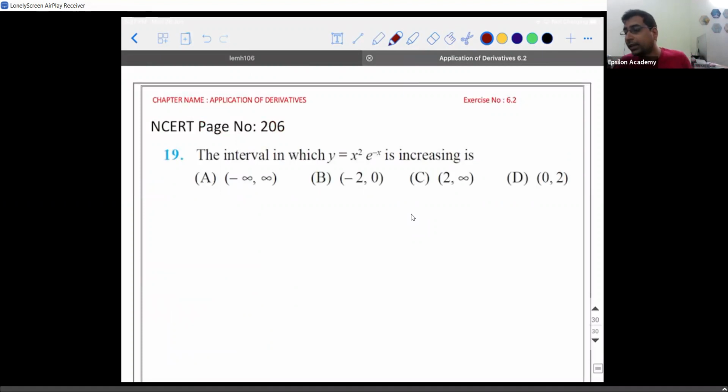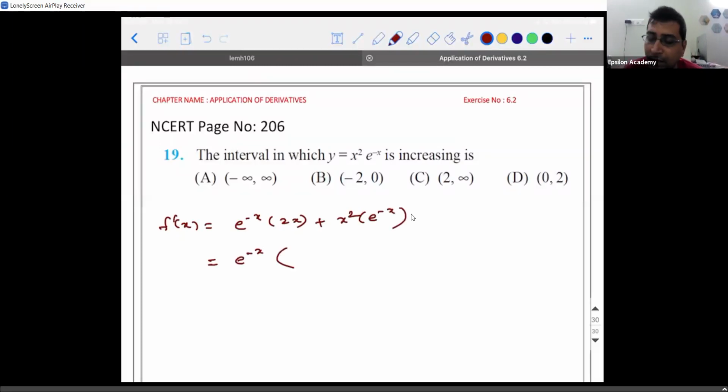Next, the interval in which y is equal to x square into e power minus x is increasing. f dash of x is e power minus x into 2x plus x square into e power minus x.